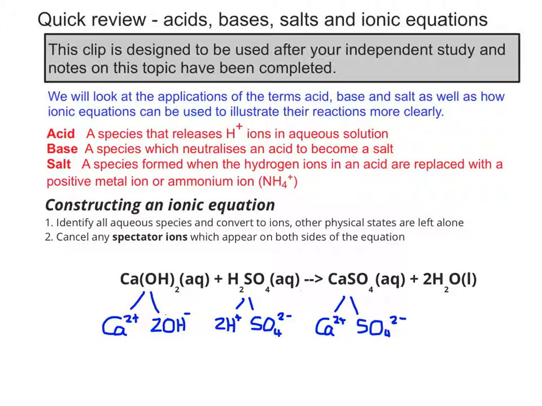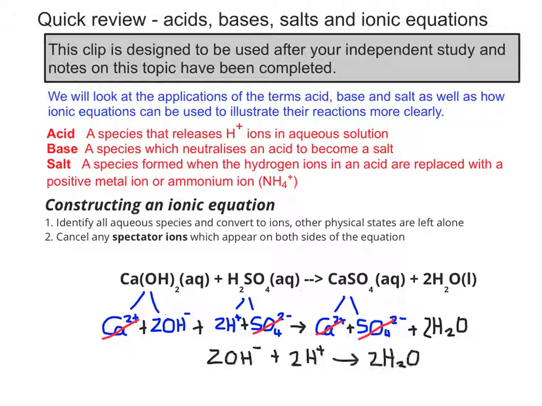So let's turn that into an equation. So adding everything up, you can see that the water gets left alone, and the spectator ions are the calcium and the sulfates. We get rid of them, and that gives us 2 hydroxides and 2 hydrogen ions giving 2 waters. But this can be simplified further into 1 hydroxide ion and 1 hydrogen ion giving 1 water, which is a neutralisation reaction.